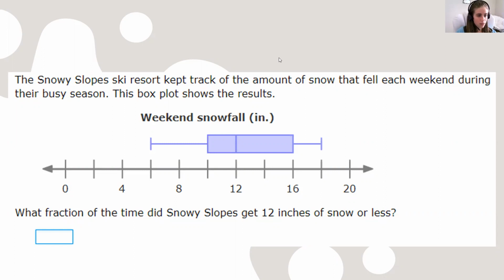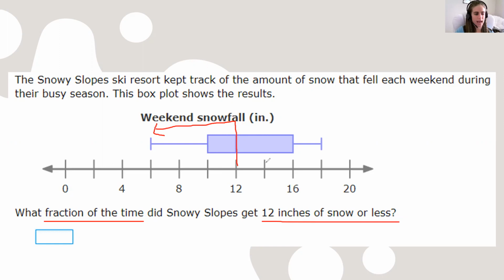Well, this question's a little different. We want to know what fraction of the time they got 12 inches of snow or less. So right here is our 12 inches of snow, and it's 12 inches of snow or less. So it's going to go this way.